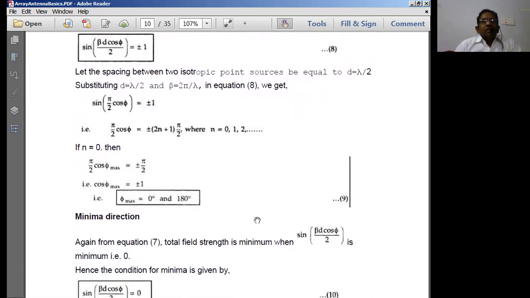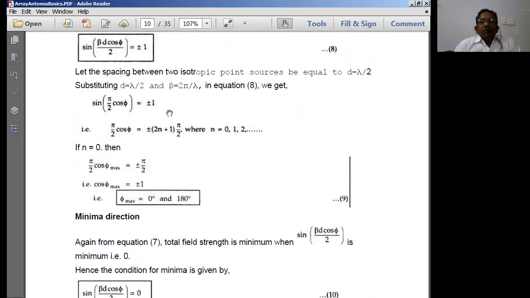Now what is our assumption now? We are assuming that the spacing between the two isotropic point sources is d equal to lambda by 2. So here when nothing is given, we consider the point sources as isotropic point sources with the distance of separation between the two point sources equal to lambda by 2.